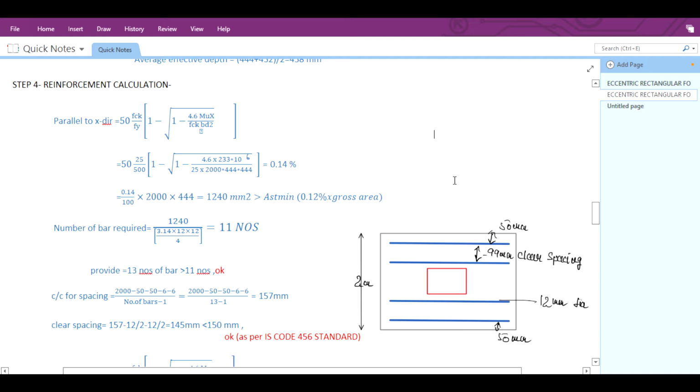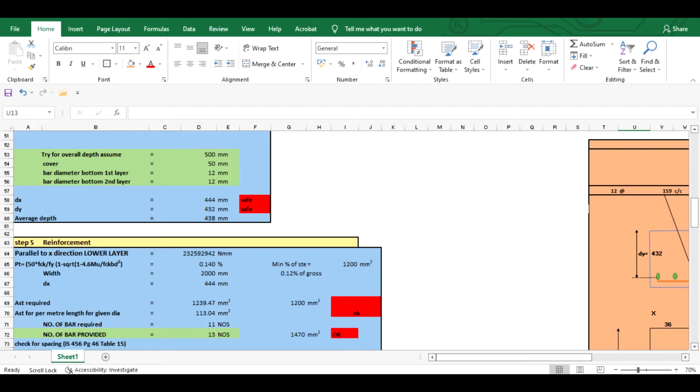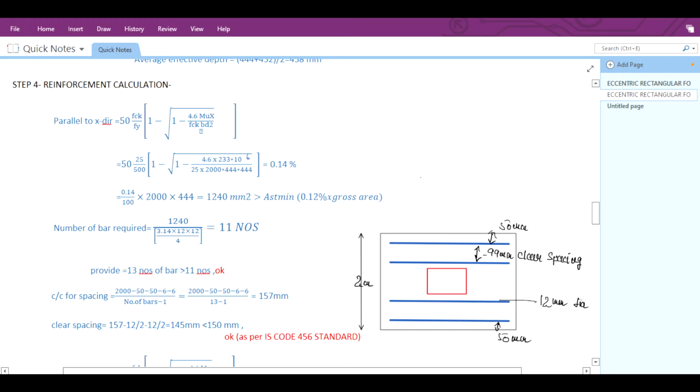0.14 divided by 100 multiplied by the width of the footing multiplied by the effective depth, so it will come as 1240 mm square, which should always be greater than Ast minimum, that is 0.12% of gross area for HYSD bars. So our minimum will come as 1200 mm square.